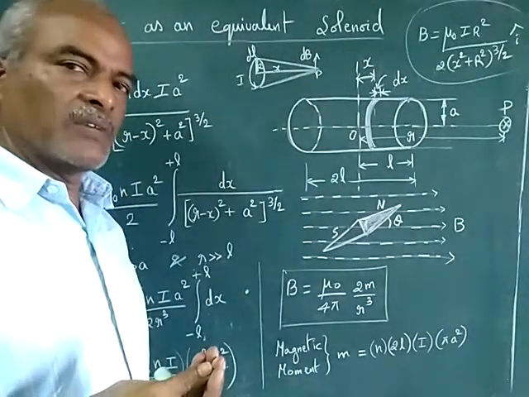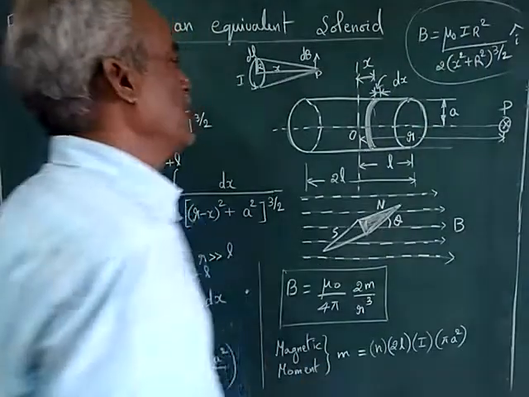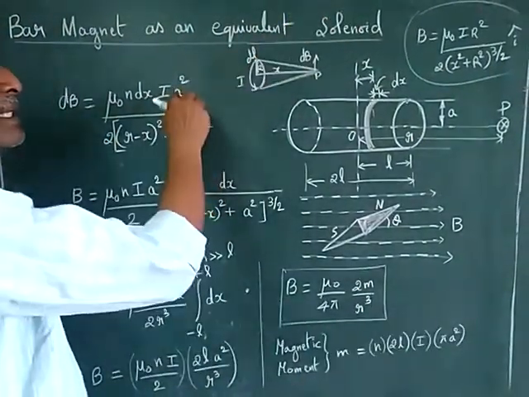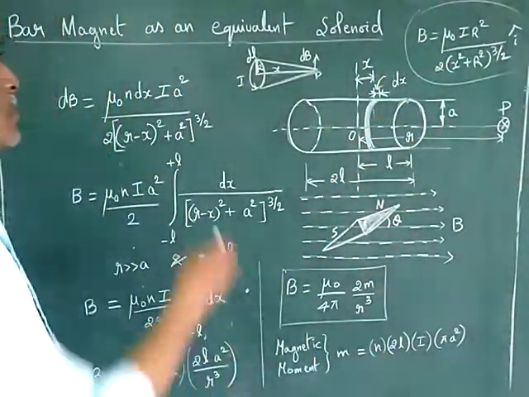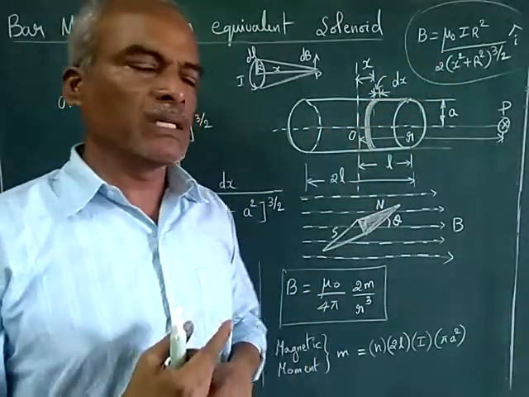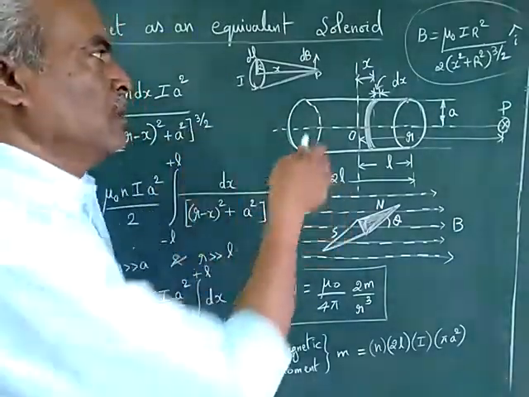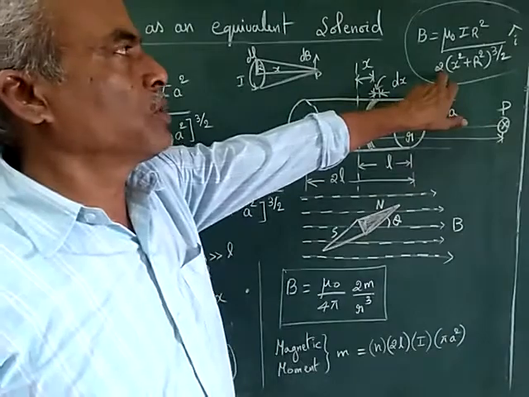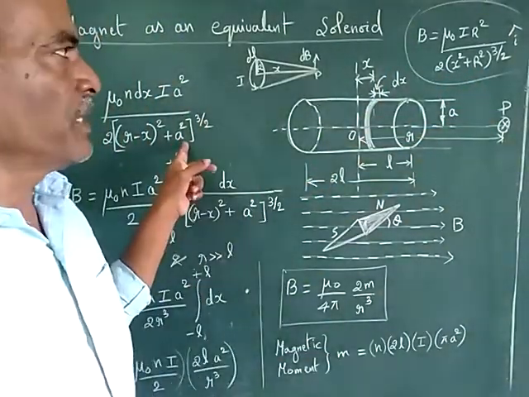So dB has mu naught I, and the radius of the solenoid is A, so A square, then n dx. For one turn we had just the coil, but here we deal with n turns, and the width is dx. In the denominator, 2, and the R square is nothing but A squared here.